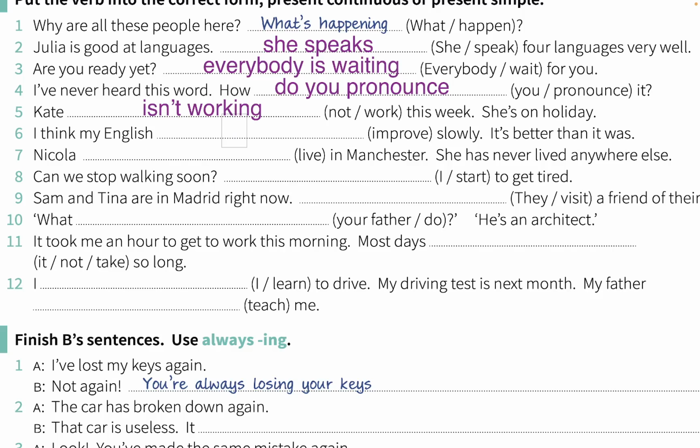Riska or maybe Clarence? Or Steven? No? I'll go. Okay. I think my English is improving slowly. It's better than it was. Yes. I think my English is improving slowly. It's better than it was.